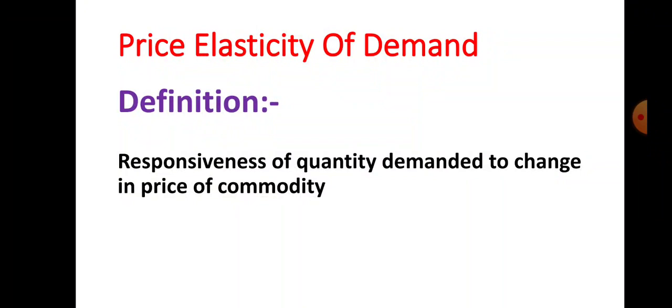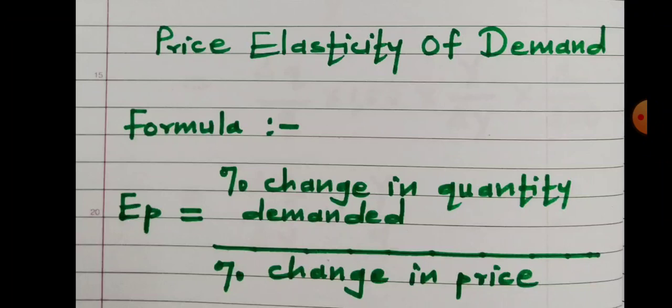Now let us see the first type of elasticity of demand, that is price elasticity of demand. Let us see the definition of price elasticity of demand. Price elasticity of demand means responsiveness of quantity demanded to change in price of commodity. Now let us see how to calculate price elasticity of demand, and here the formula is EP is equal to percentage change in quantity demanded divided by percentage change in price.